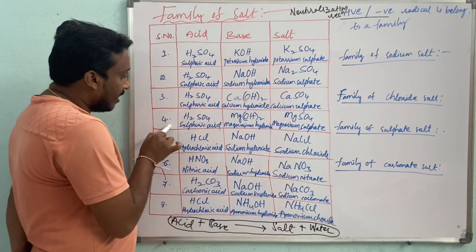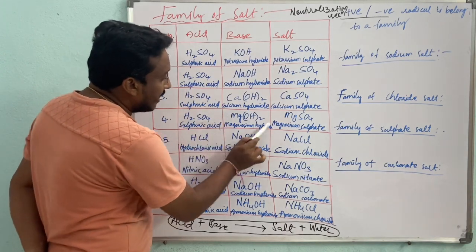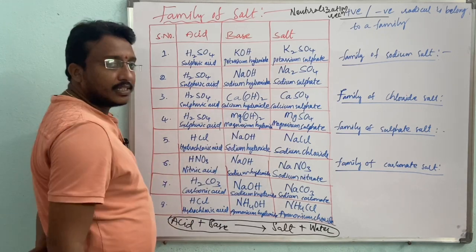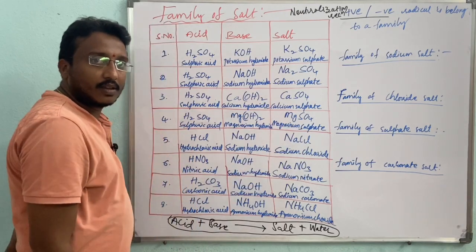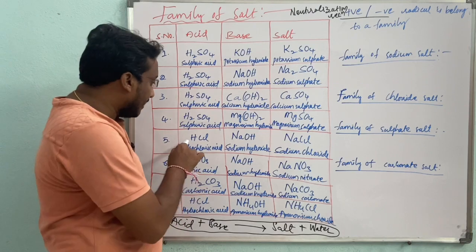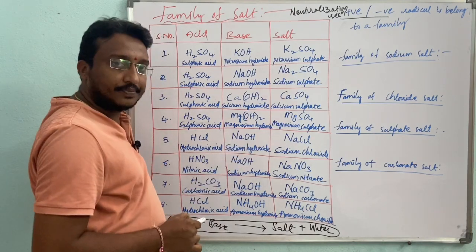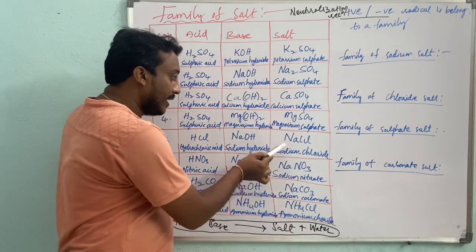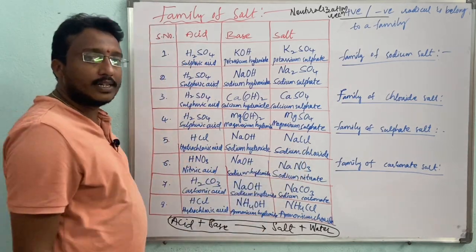One more example: when sulfuric acid reacts with magnesium hydroxide, it gives magnesium sulfate salt. When hydrochloric acid HCl reacts with sodium hydroxide NaOH, it gives sodium chloride salt.